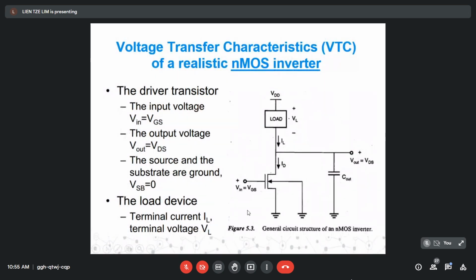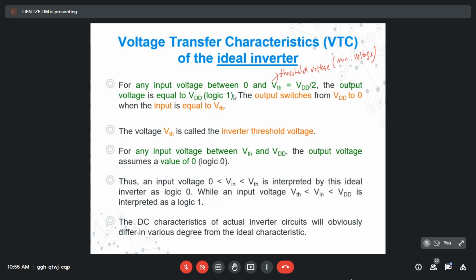Next I will mention the VTC of a realistic NMOS inverter. This is one type of inverter, the realistic one. Later I will show you the VTC of a realistic NMOS, but now you need to remember that the VTC of an ideal inverter looks like this.